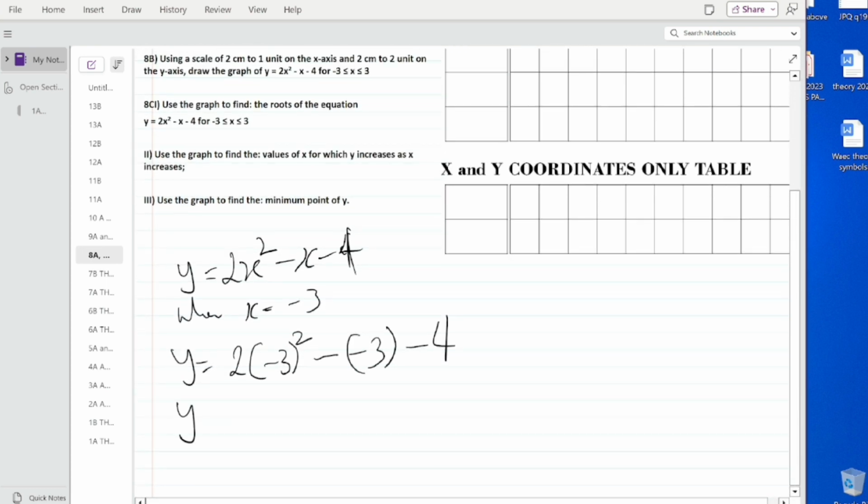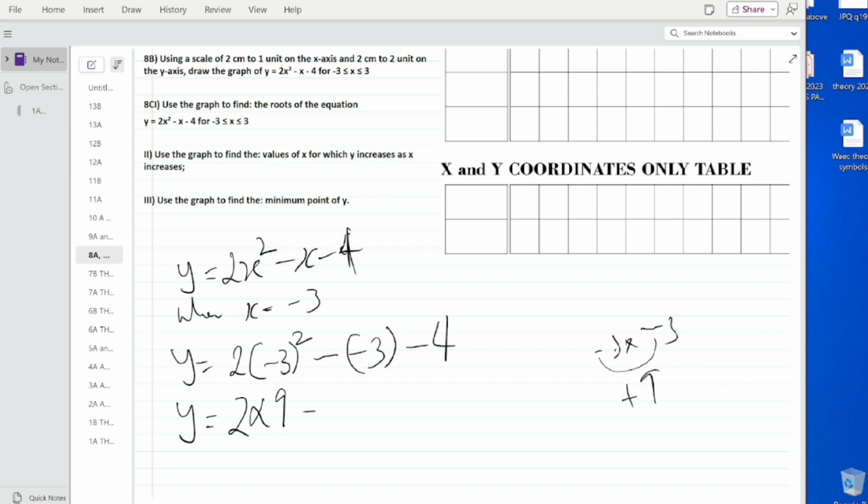We say y equals 2, we have our minus 3 squared, that's saying minus 3 times minus 3. Minus times minus is plus, 3 times 3 is 9. That's 2 times 9. Then we have minus minus 3. You can't have these two signs without trying to group them together or turn them into one. So minus times minus is plus, so we have plus 3 minus 4.